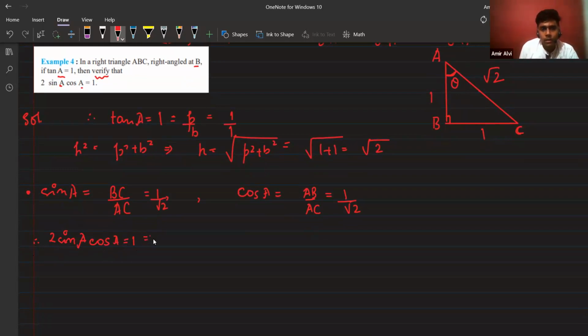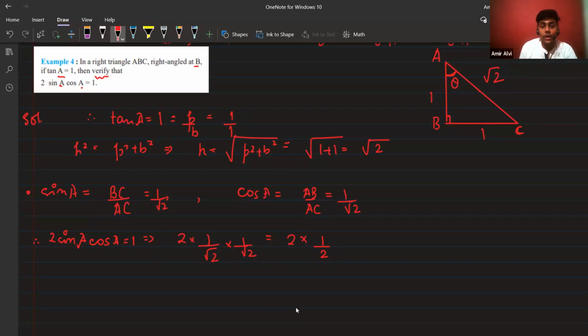So 2 into 1 by root 2, the value of sine A, into 1 by root 2, the value of cos A. If we multiply root 2 and root 2, what would it become? 4? No, dear, it is the square root of 2 times itself. It will become 2.